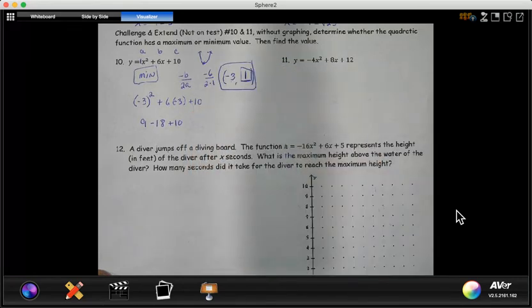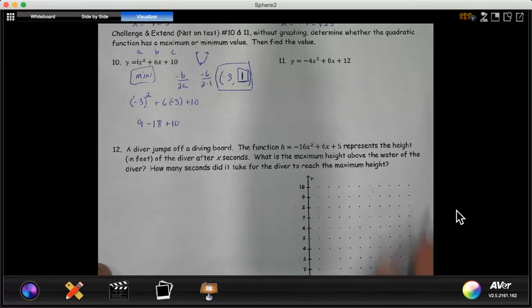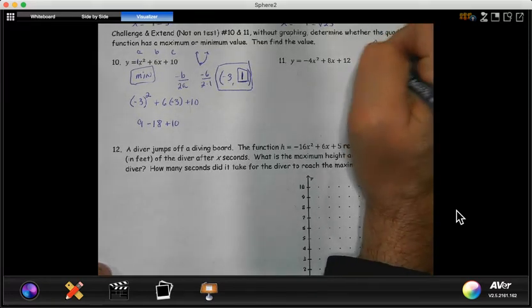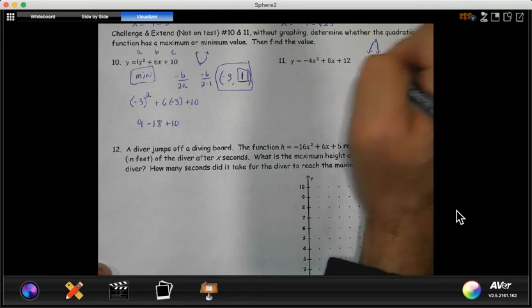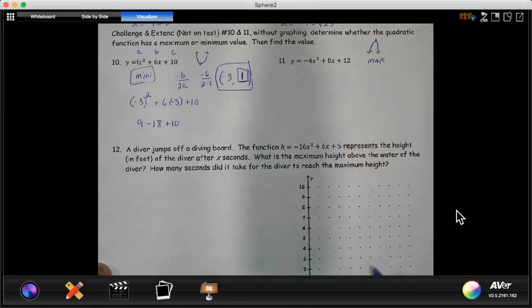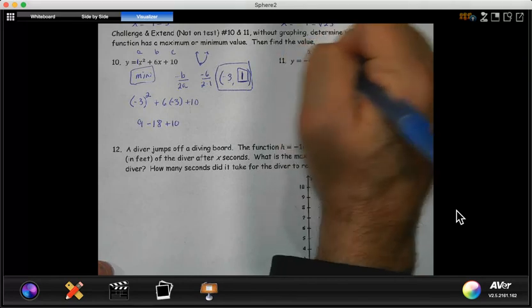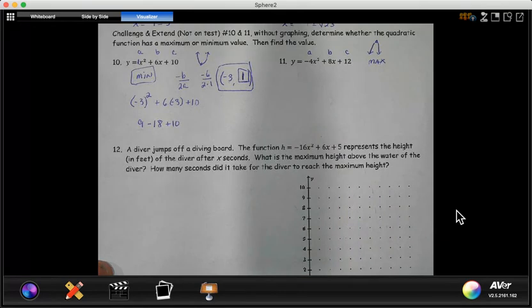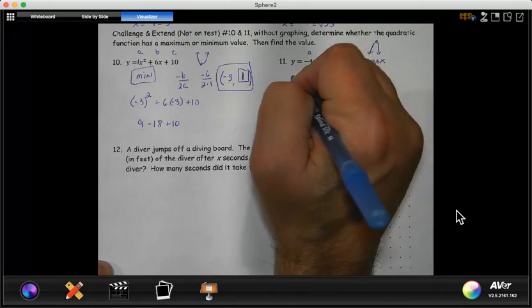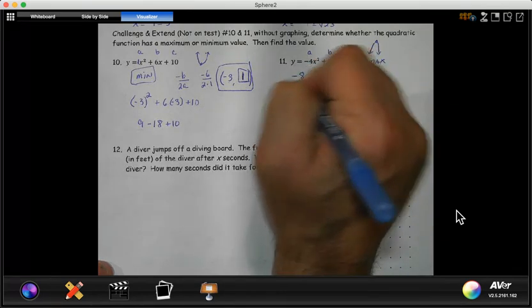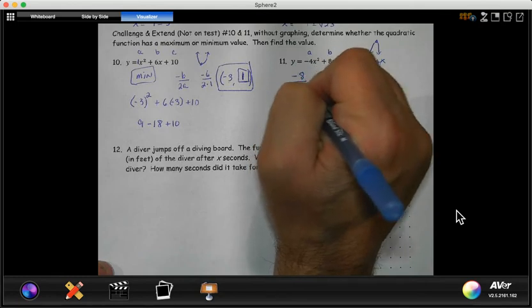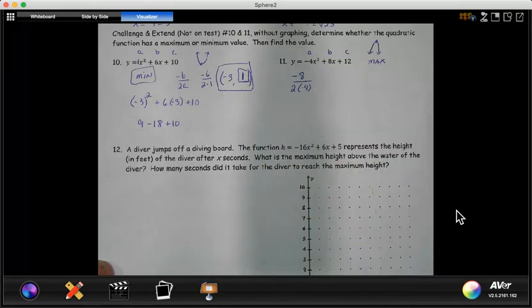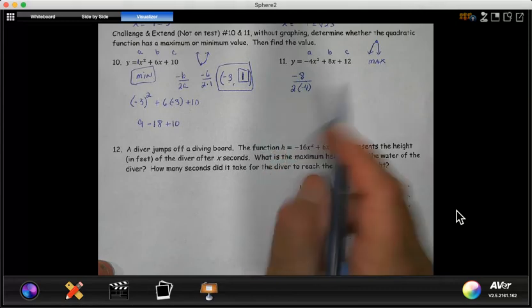Okay, let's do another one. Because my parabola is negative, it's going to open down, and that means this is a maximum. All right, here's my A, B, and C. I can see now why we did this, because we're going to learn the quadratic formula soon, and you need to know your A, B, and C. So let's do negative B over 2 times A. Negative 8 over negative 8 is 1.